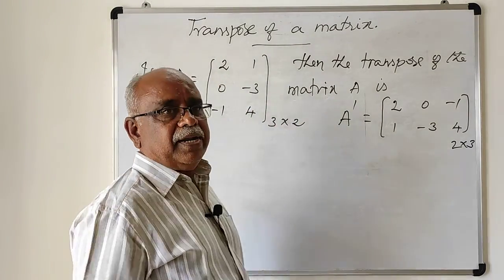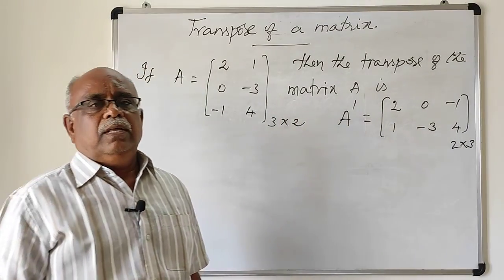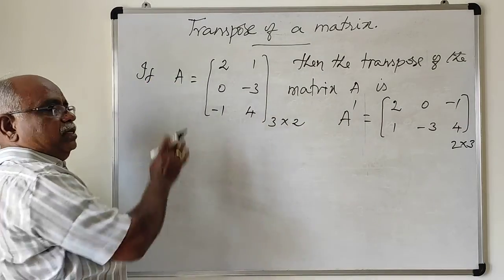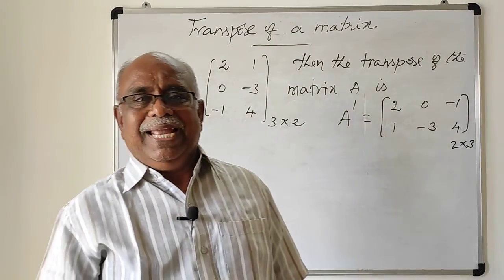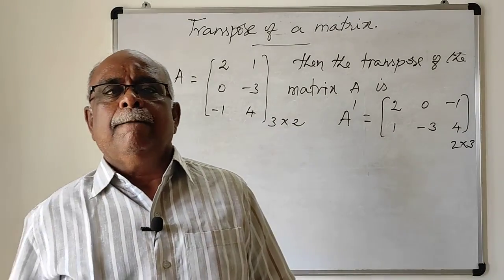So the transpose of a matrix is determined by interchanging the rows of the given matrix into columns.